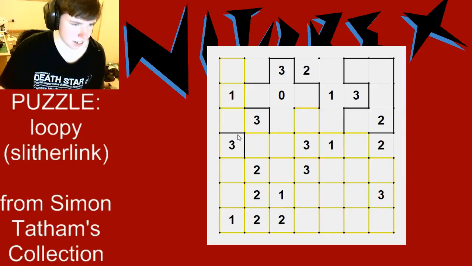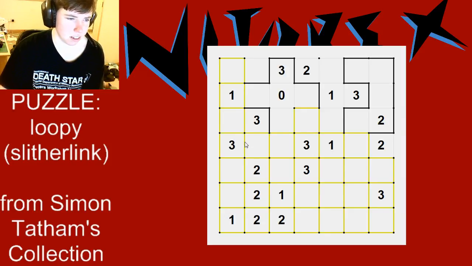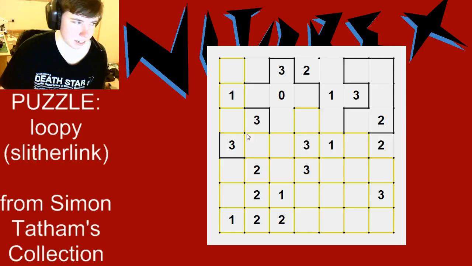So out of these 2, only one can be full, which means that these 2 also both have to be full. And that's how it is with all diagonal ones, where this is the highest number or something.